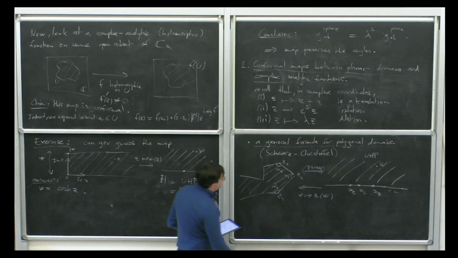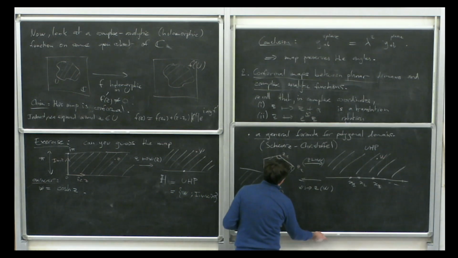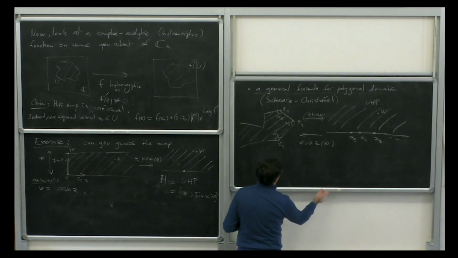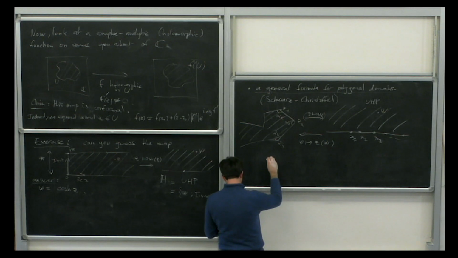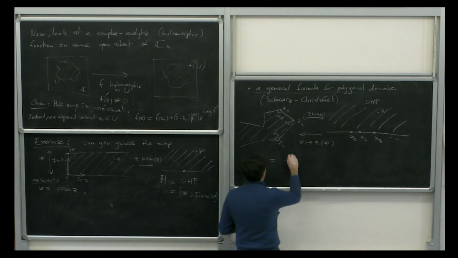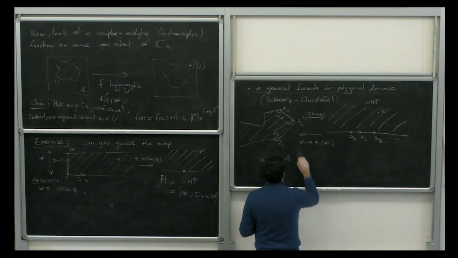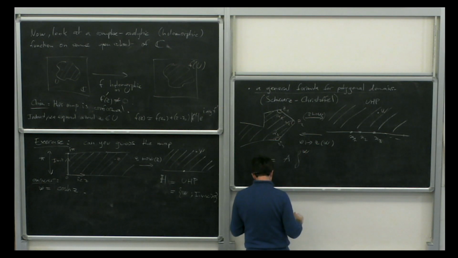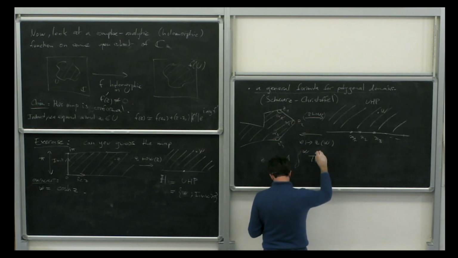Okay, and the general formula looks like this. The formula is not particularly important. It's just good to know that it exists, because for many applications you need an explicit formula, and then it's useful to have this one. So it works as follows.